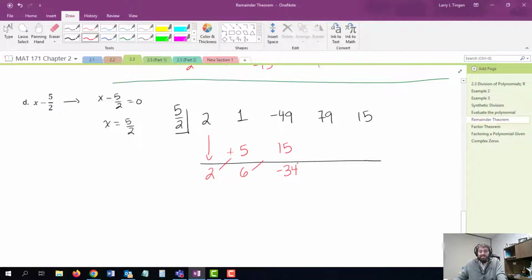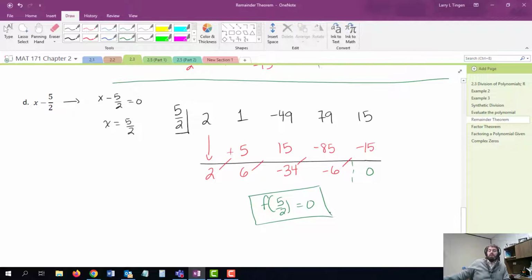Negative 34 times 5 halves is negative 17 times 5, which is negative 85. 79 plus negative 85 is negative 6. Negative 6 times 5 halves is negative 15. 15 minus 15 is 0. And so I have found that f at 5 halves is 0.